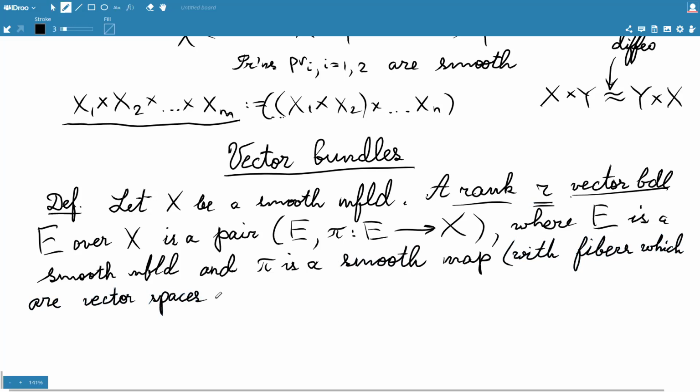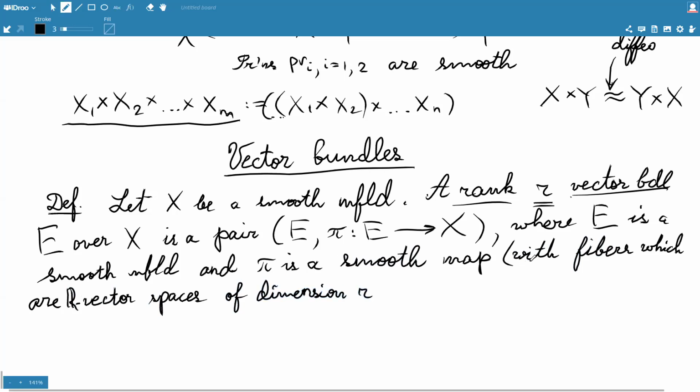Spaces over R, or shortly R vector spaces of dimension r.